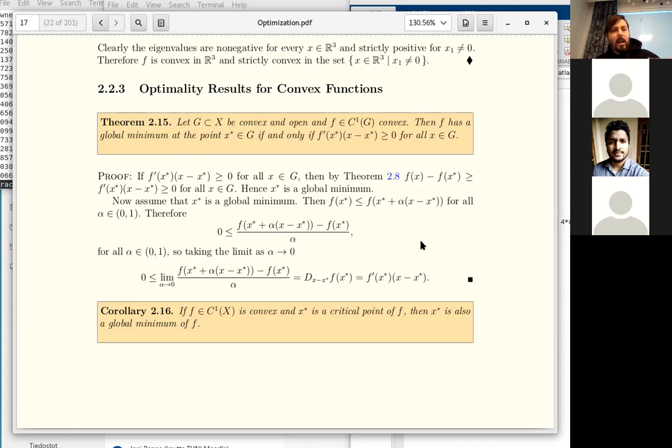And if we let alpha go to 0, then what we really get is a directional derivative. We get the directional derivative at x star in the direction from x star to x.